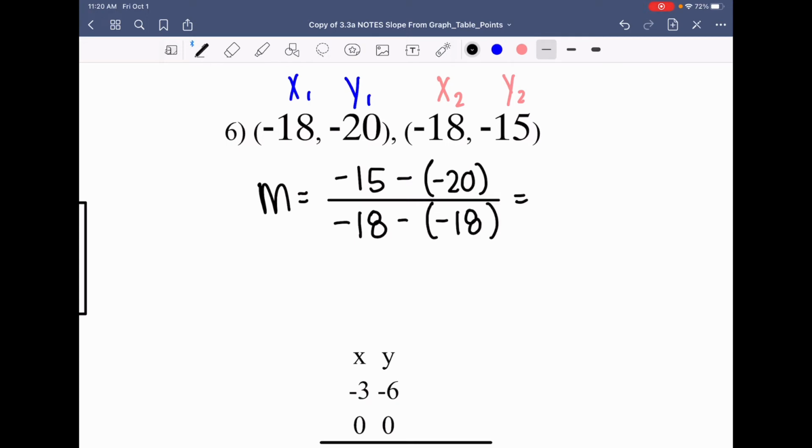So negative 15 minus negative 20 will get us a positive 5. And then negative 18 minus a negative 18 will get us a 0. So 5 divided by 0, anything divided by 0 will actually get us an undefined slope.